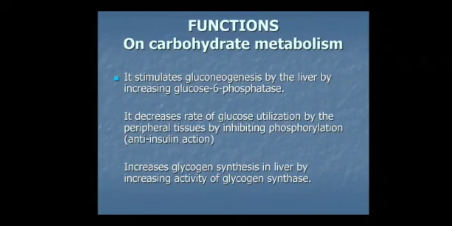And one more thing, it decreases the utilization of glucose in the peripheral tissues, for example bone, adipose tissues, and muscles. It decreases the utilization of glucose in these organs. So what will happen then? The plasma glucose level starts to increase. Go to the next slide.